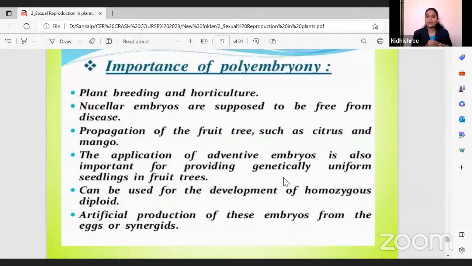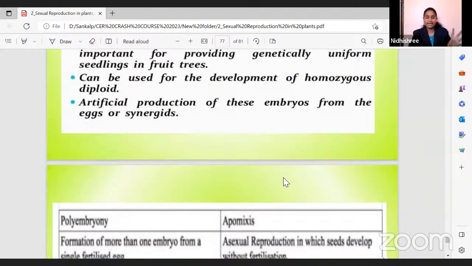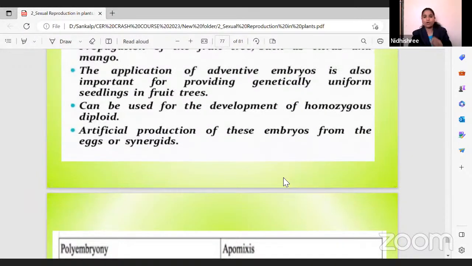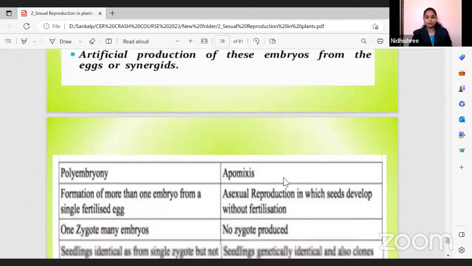The application of adventive embryos is also important for providing genetically uniform seedlings, meaning all the fruits on all the cultivated plants should be identical. We can achieve that through polyembryony. It can be used for development of homozygous diploids, and artificial production of these embryos from eggs or synergids is also possible.